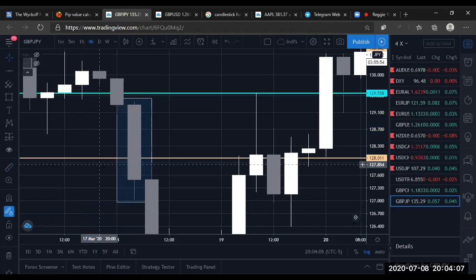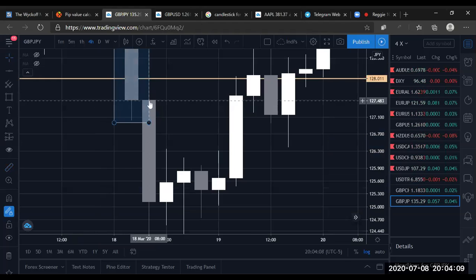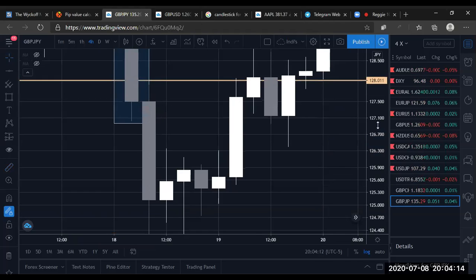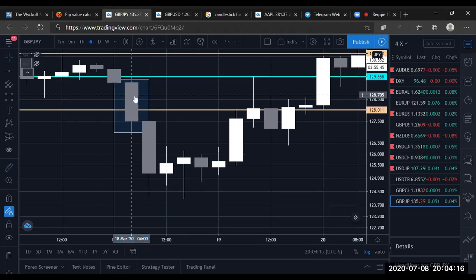And the next candle, you see exactly where the next candle starts on this next bearish candle. So this is the 4 hour chart. So this candle is 4 hours. This candle is 4 hours. So that's 8 hours of very aggressive selling.